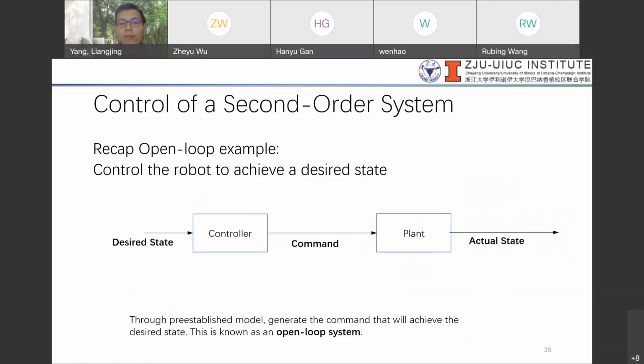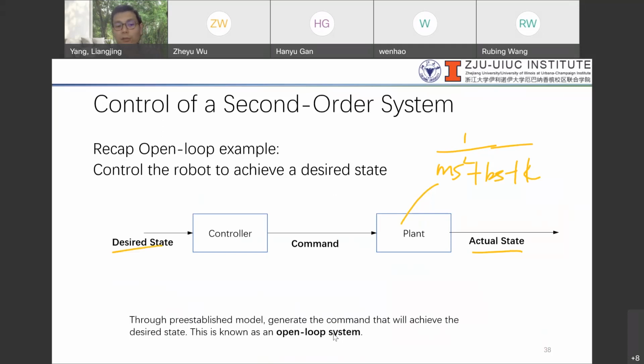Okay, so remember, if we are talking about open loop, this was a plant, say 1 over mx squared plus bx dot plus k, for example, all right? And so you're going to send in something that will give you the desired state.